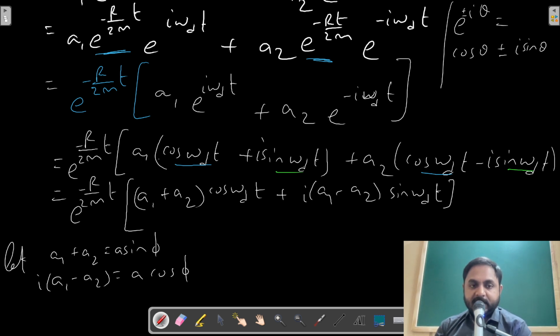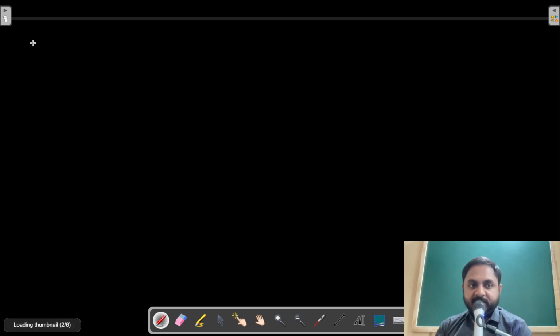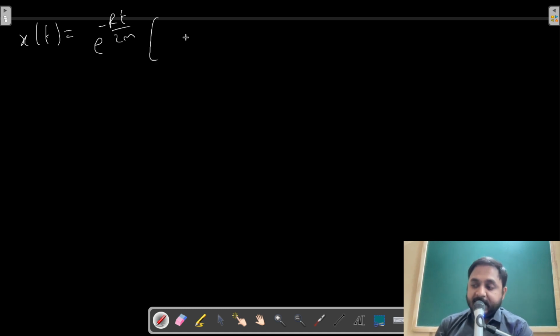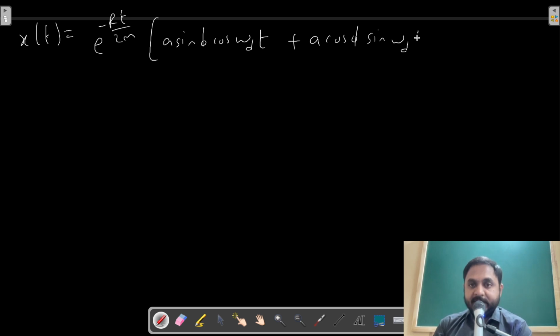In the next page, we should get x of t equal to e raised to minus rt by 2m, the term outside not changing at all. In the bracket, a1 plus a2 has been substituted as A sine phi cos of omega d into t, plus the second term becomes A cos phi into sine omega dt.